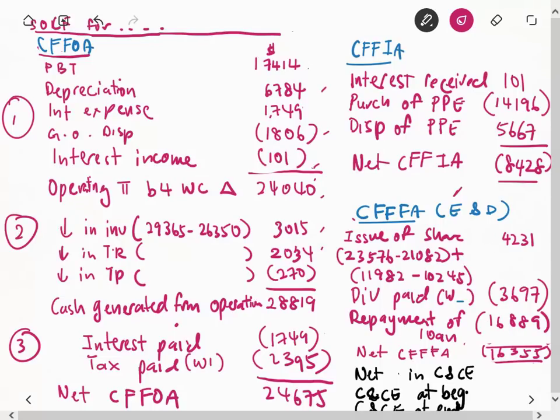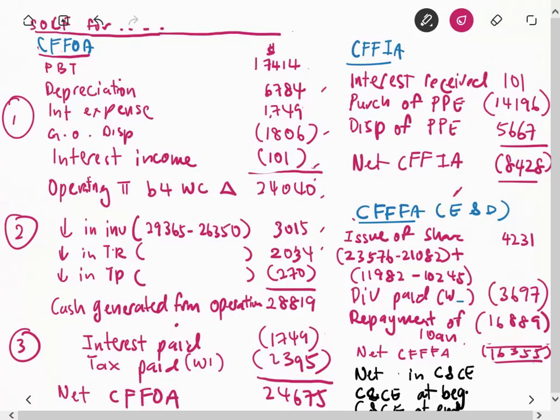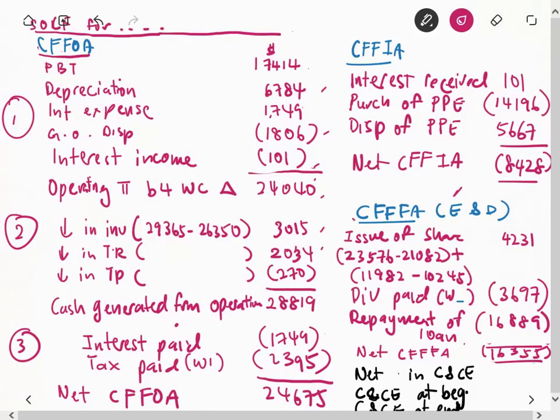So in total we got a net cash flow from financing. So 3 activities done. Then we end up with the cash and cash equivalent at the bottom. How to find the first one? First one is to close all this, 24: O, I, and F. Can you take 24 minus 8 minus 16?